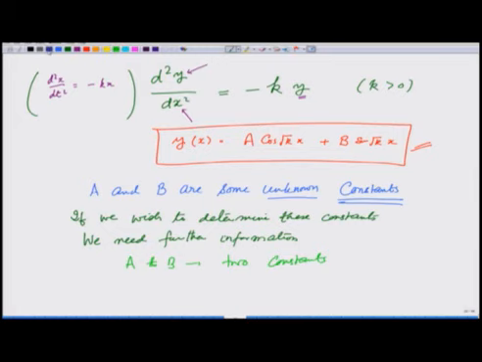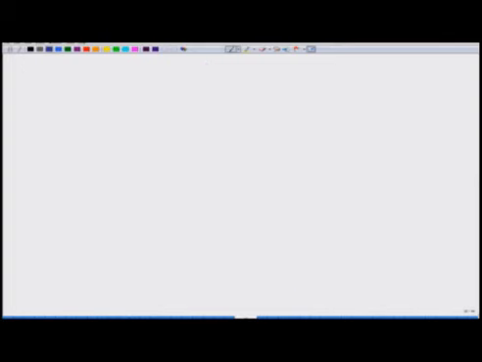So, the further information should be in terms of two further pieces of information. It could be, number 1, displacement and velocity at t equal to some time, let us say t equal to 0, or it could be displacement at two different times, or any information where I have two pieces of information.